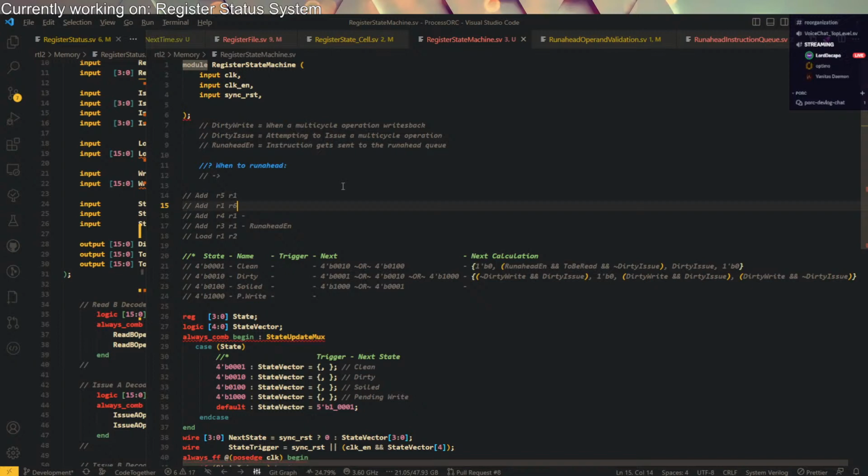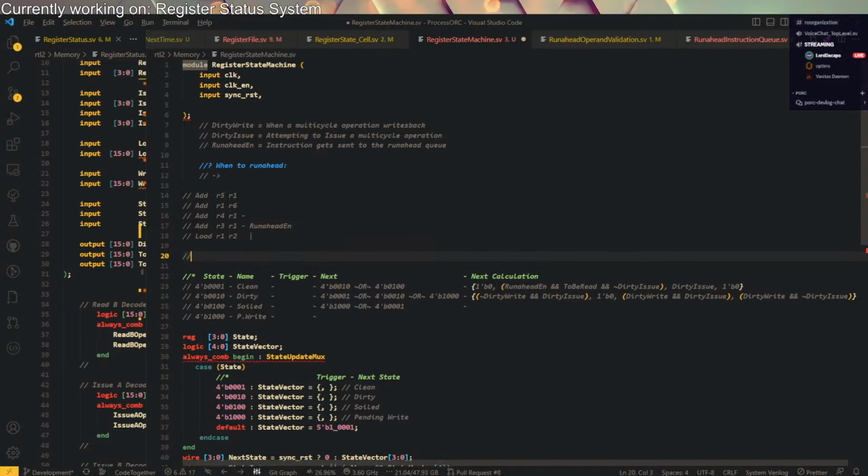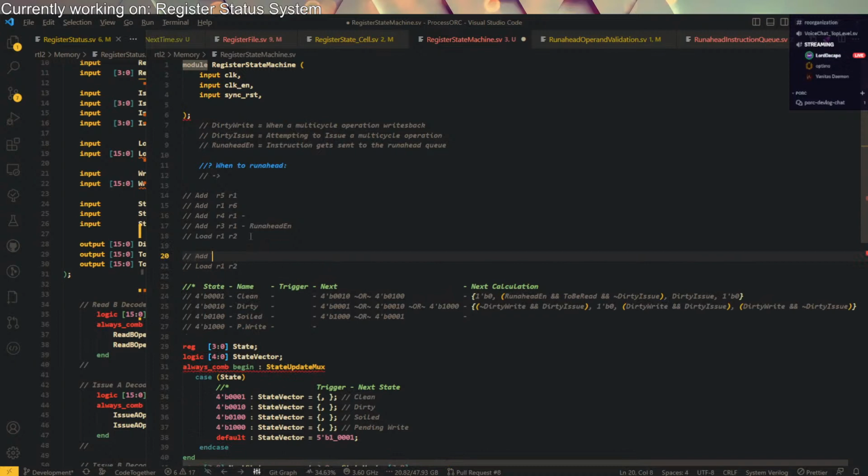However, the B operand on that operation, right? Let me do another example. So you have load R1, R2. Then you have an add R1, R3. In this case, this R3 right here becomes soiled.